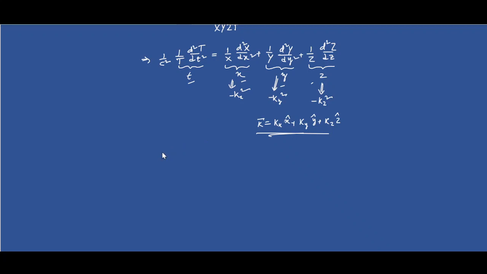Let me solve for x component only, then we'll consider y and z similarly. Let's say for x we can write it like this: 1 over x into d2x dx2 equals to minus kx square as we considered there.